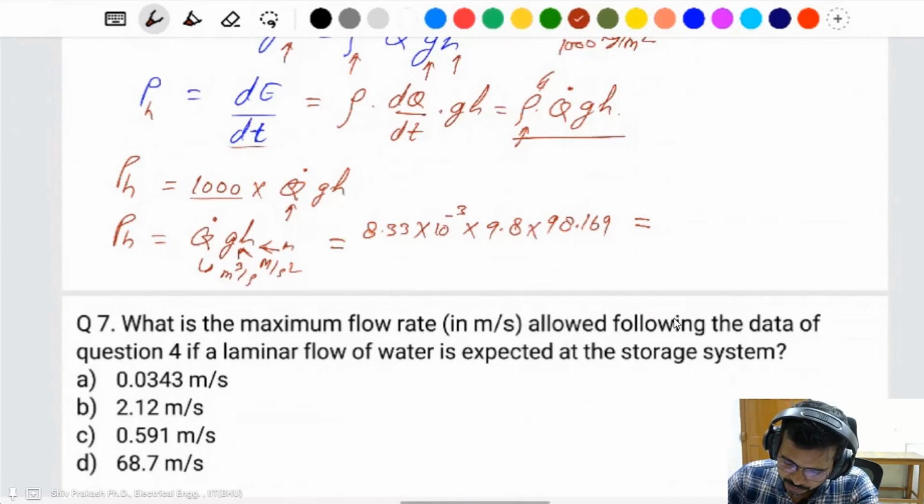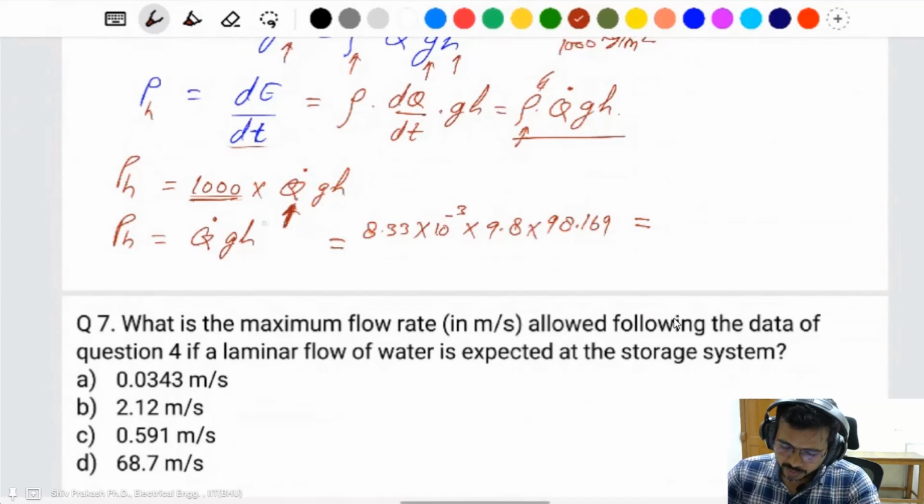So this one will be in meter cube. If you take this one in liter, that's why this will be 1000. We calculate in meter cube, so this will be divided by 1000.